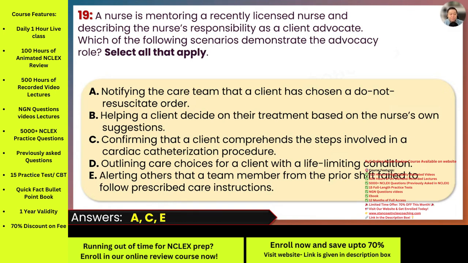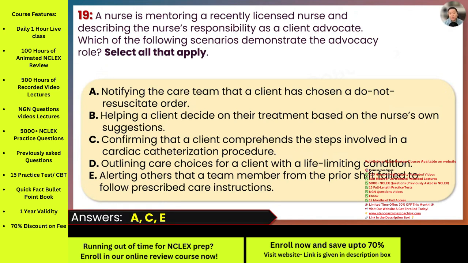Now, what about letter C? Why is this correct? Well, informed consent is a critical part of advocacy. The nurse doesn't obtain consent, that's the provider's role, but they must verify the client understands what they are agreeing to.